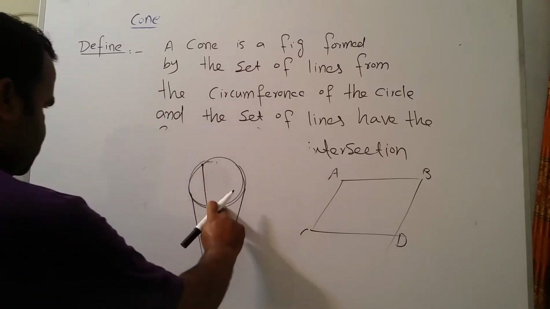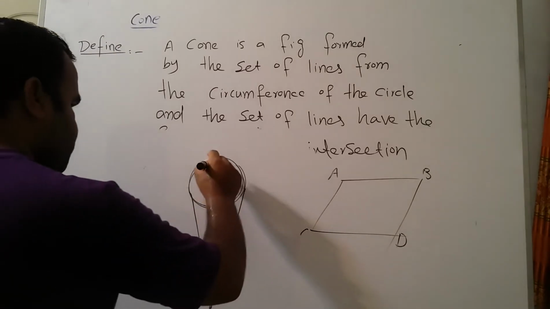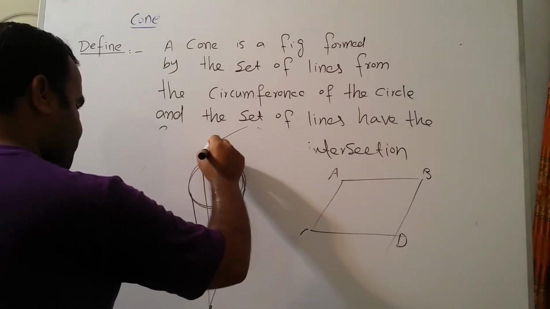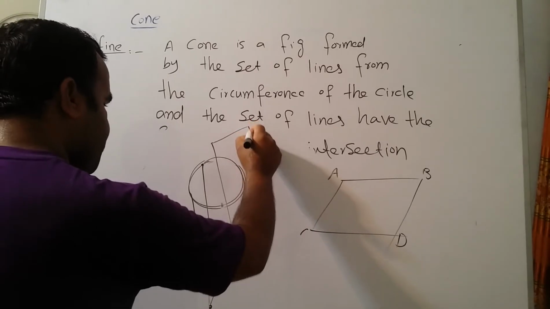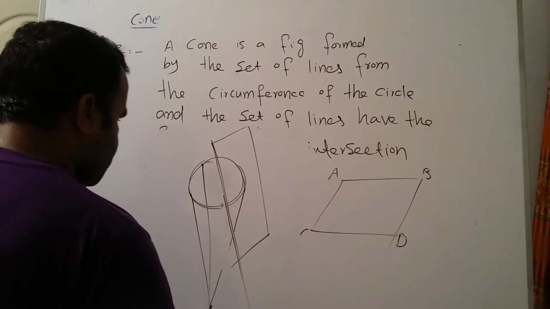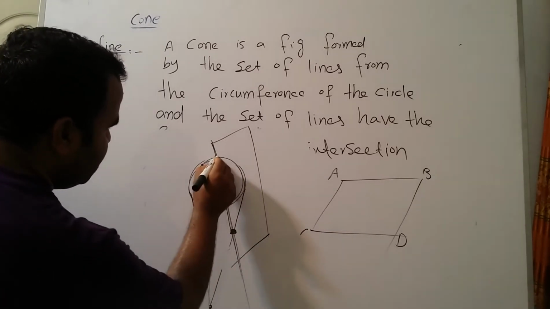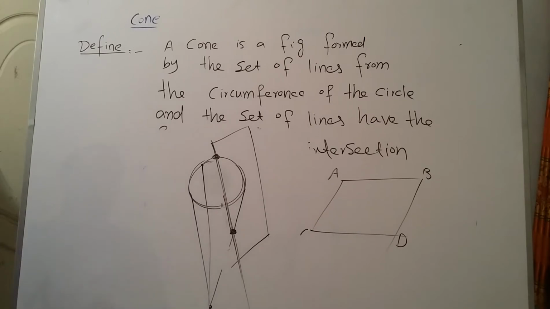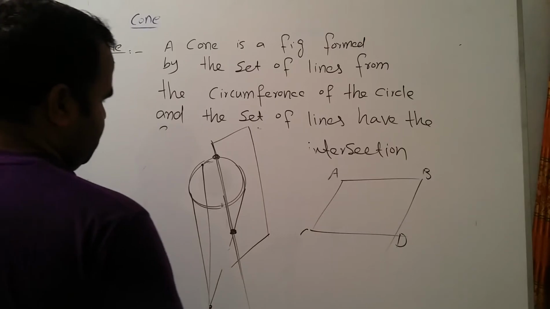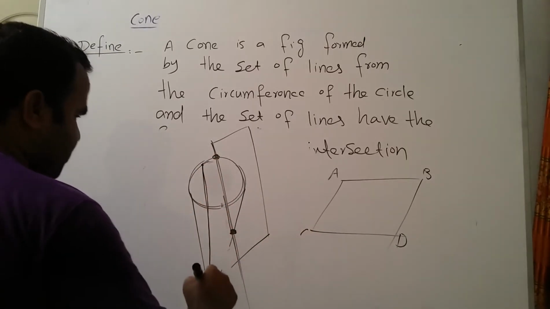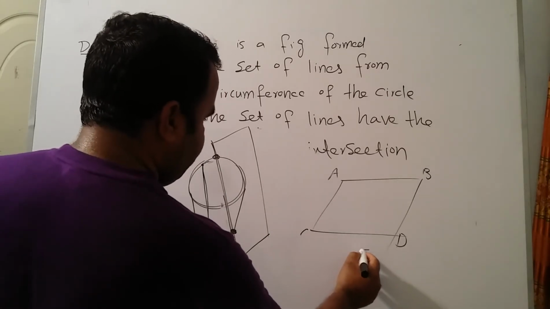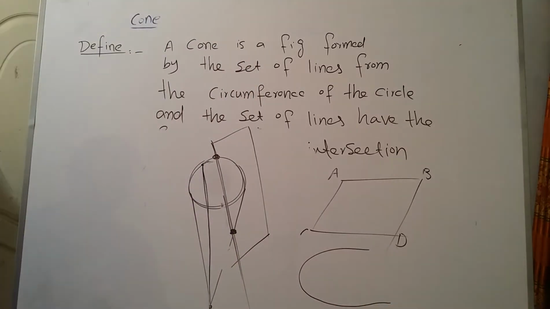Parallel to this line is the generator line, of course, parallel to the generator lines, it is cutting at these two points. This is the generator line. So what kind of figure will be formed? It will be just like this, it is a parabola.